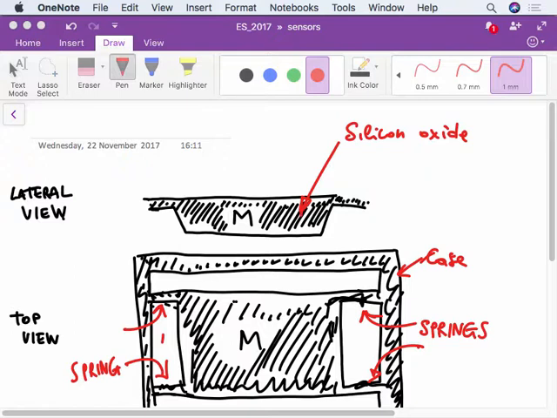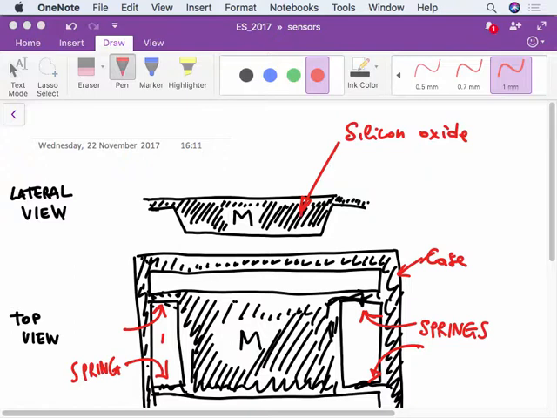And of course, this is quite a simple situation, according to which we are only able to measure the acceleration in one direction. Okay? If we want to measure acceleration along 3 axes, this axis, and the other axis, what typically is done is that the mass is anchored in a different way.